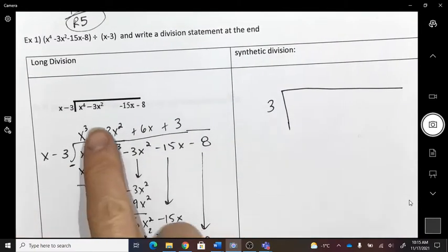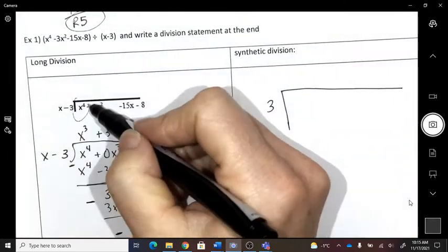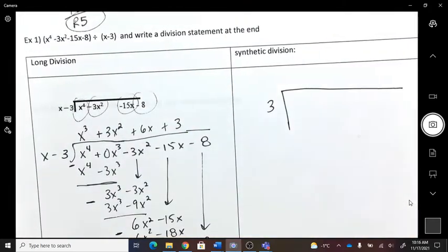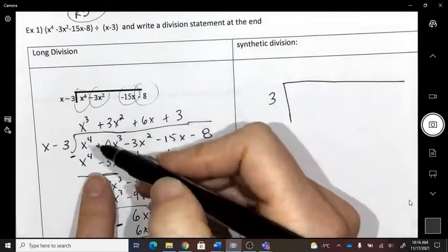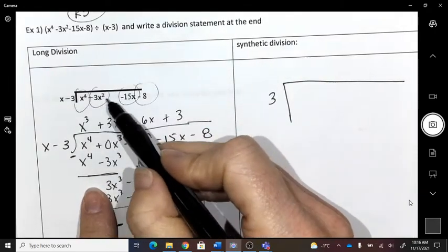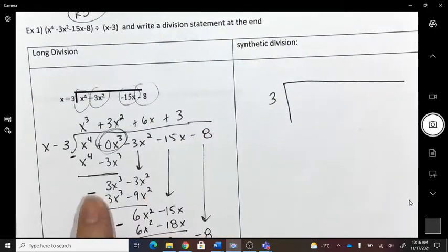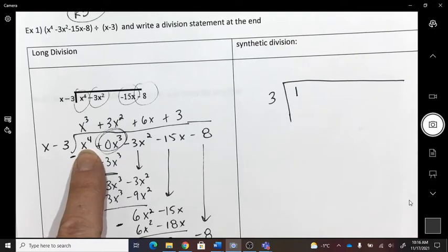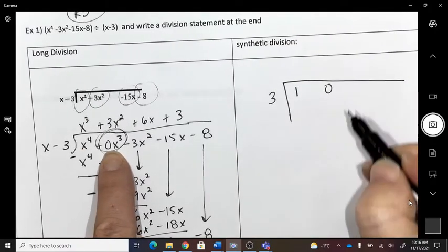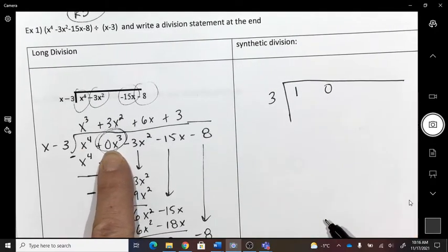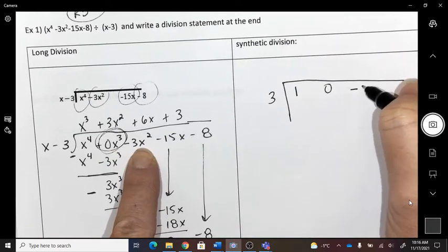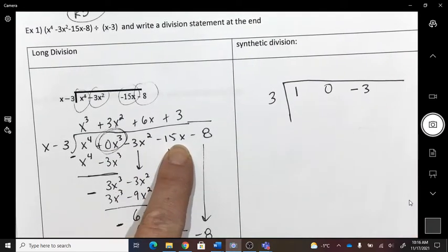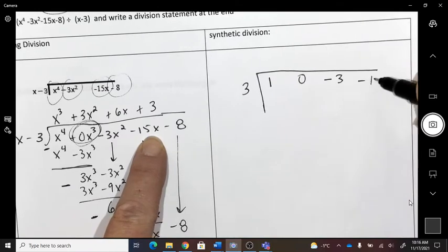Now I'm going to write the coefficients of my terms in here, except we can't do it like that. We also have to make sure we put the 0 in there. So I'm going to go 1, because 1x to the 4th. Then 0 cubes. How many squareds? Negative 3. Then a negative 15. Then a negative 8.